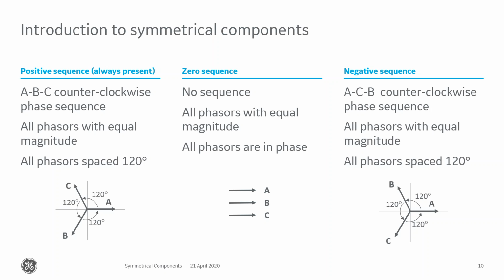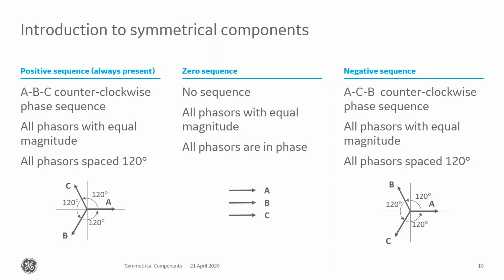If we really look at his mathematical technique, what it actually says is we can take an unbalanced n-phase system and turn that into n different systems of balanced conditions.